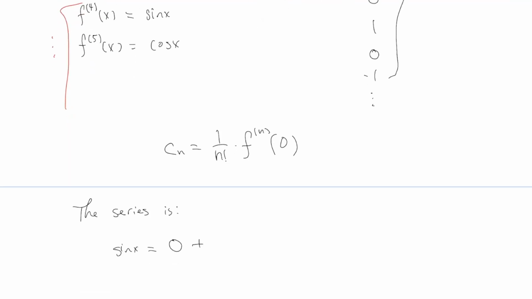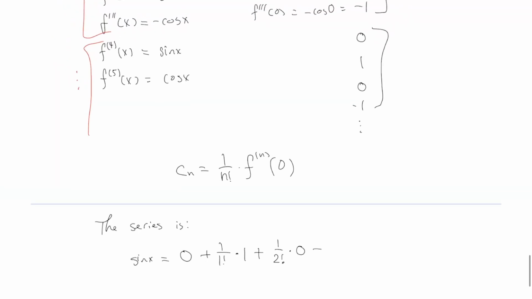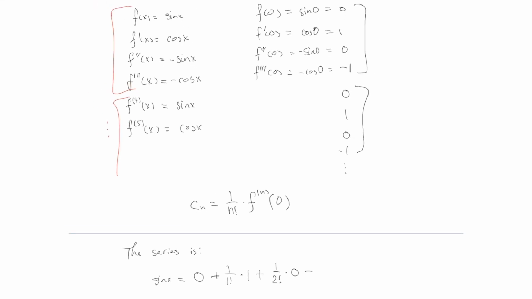So the next one is plus 1, but it's 1 over 1 factorial times 1. And then plus, the next one is 1 over 2 factorial, but it's times 0. That's because I'm plugging in the next of these numbers here, right? I started with 0, very first one. The next one was a 1, that went here. The next one was a 0, that goes here.